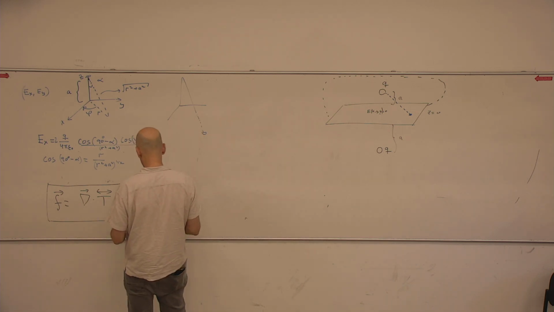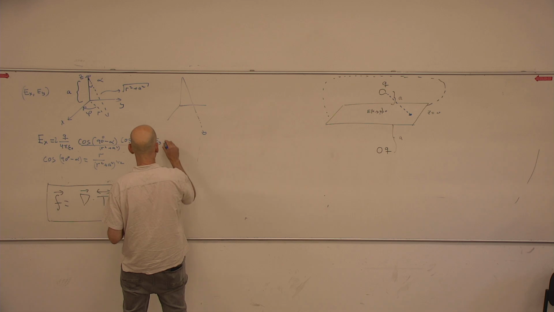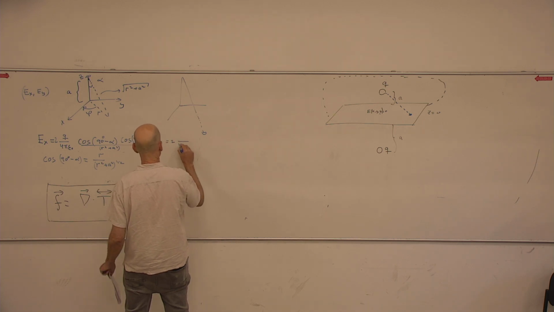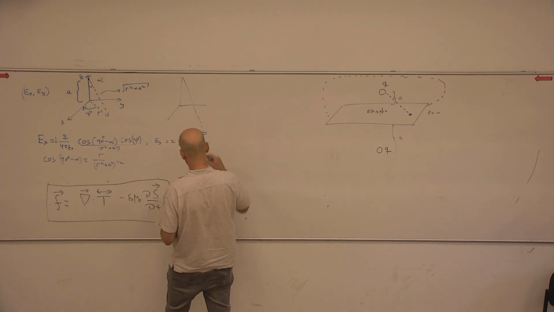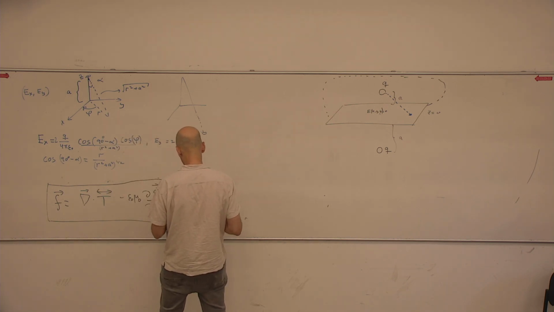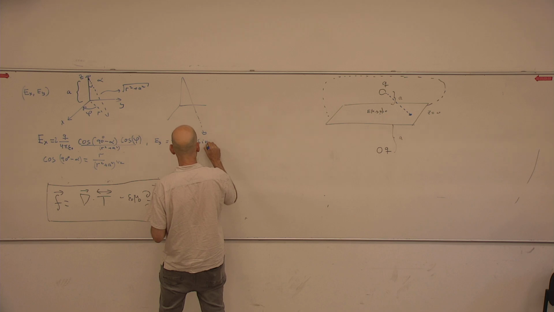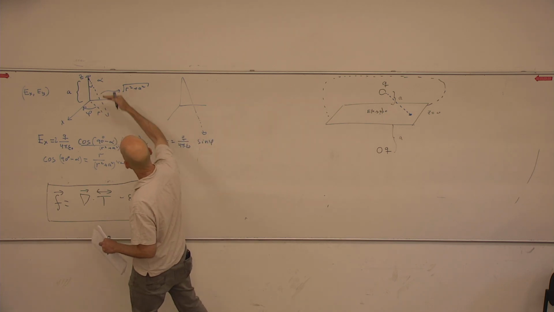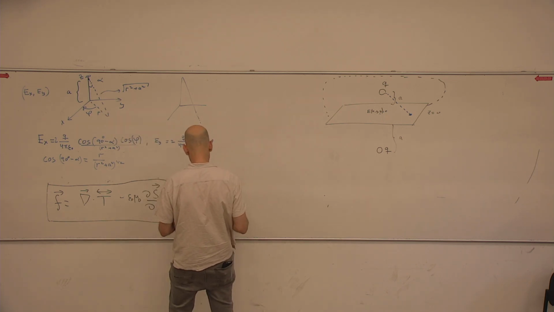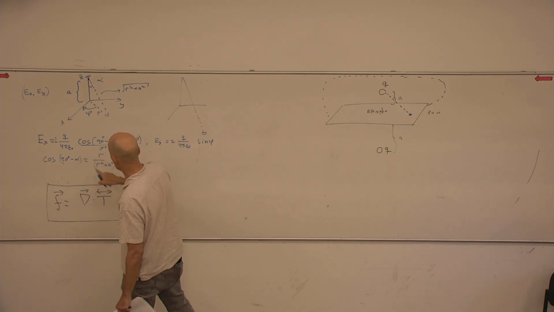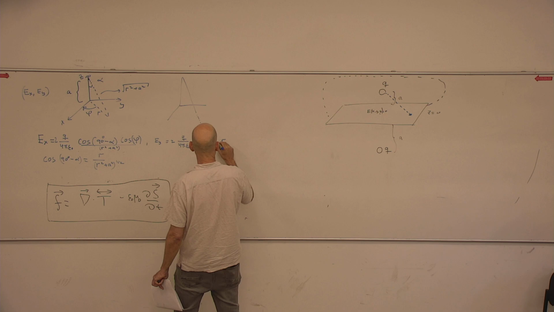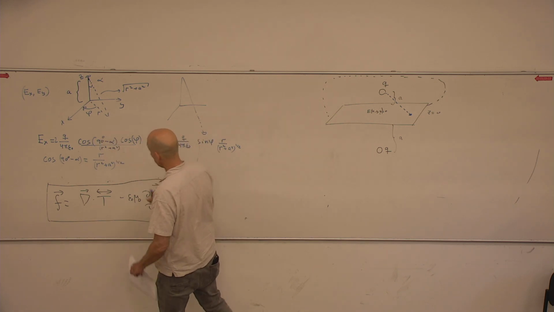And Ey, if I do the same, is 2, because you have two charges, Q, because both the Q's are the same, sine phi, because I'm projecting on y now. This cosine, I'm just plugging it in, then I get r over r squared plus a squared to the half. This is this cosine here.